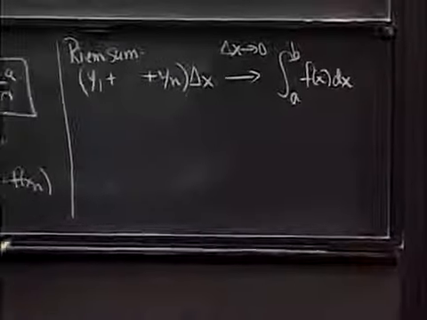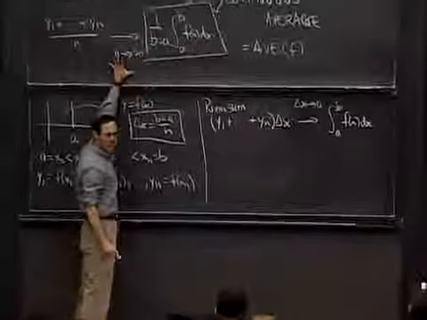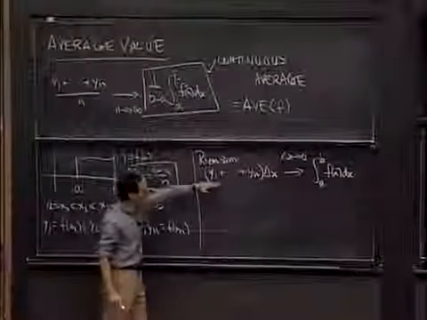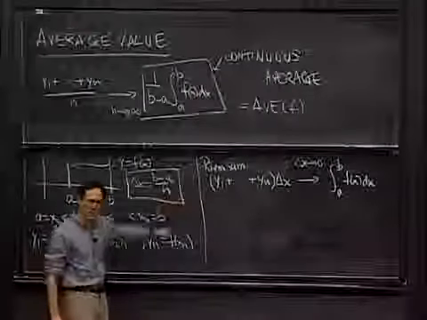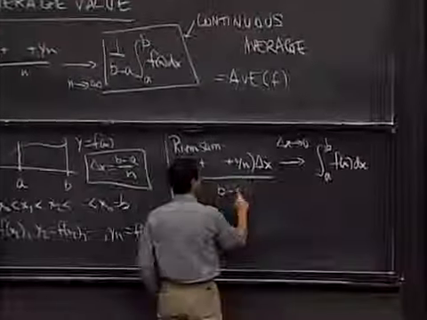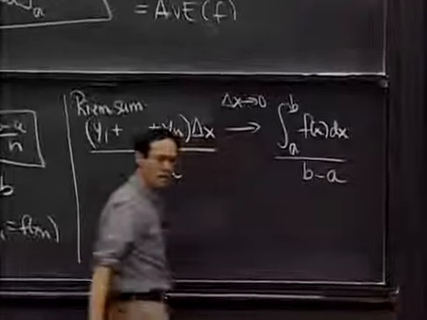The only change in point of view, if I want to write this limiting property, which is right above here, is that I want to divide by the length of the interval, b minus a. So I will divide by b minus a here and divide by b minus a over here.